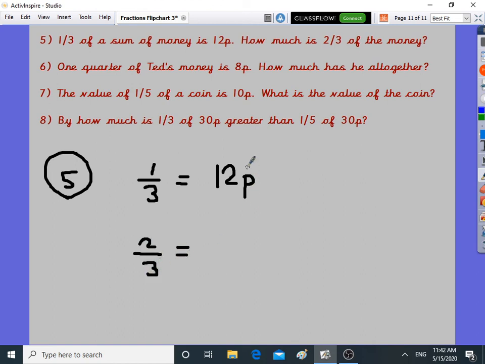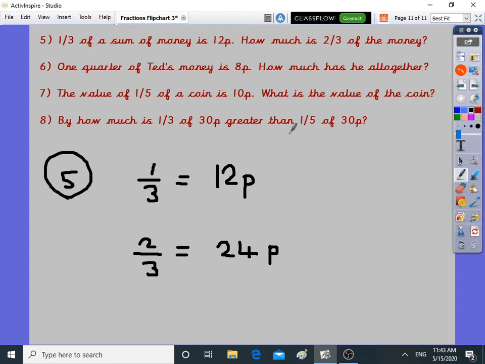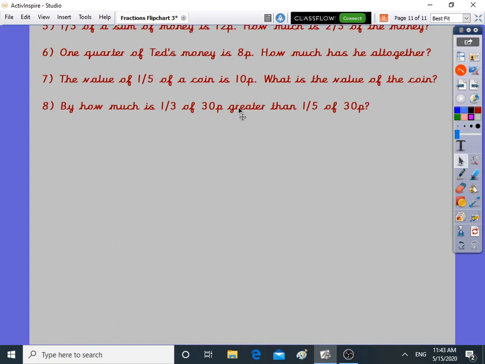If 1/3 is 12p, but you want 2/3, we just do 12 times 2. 12 times 2 is 24. So 2/3 will be 24p. Unusual question, but this is what these last few are. They are tricky ones, really.